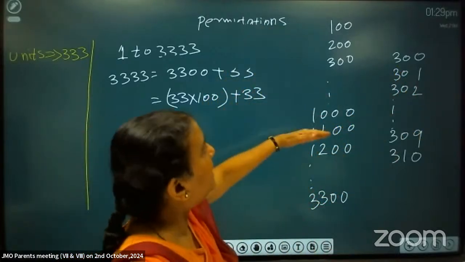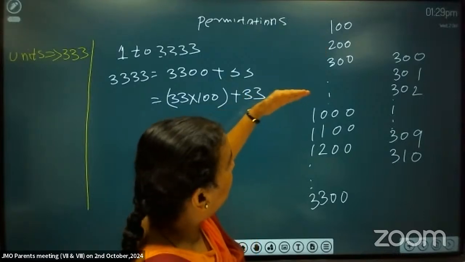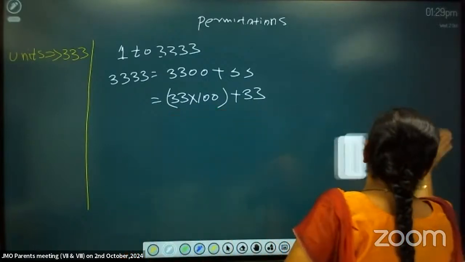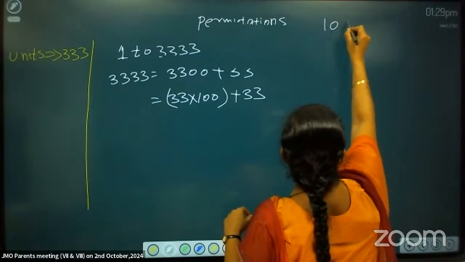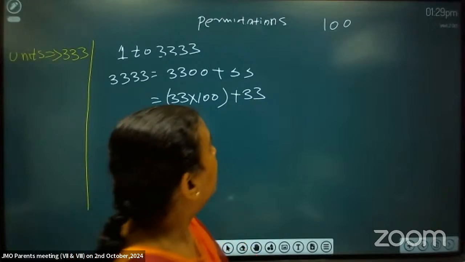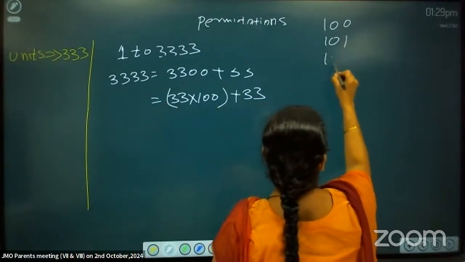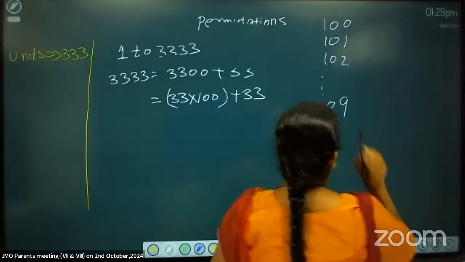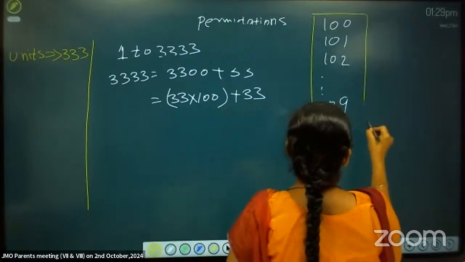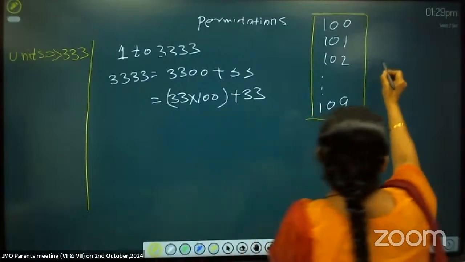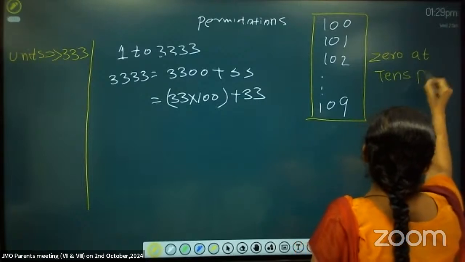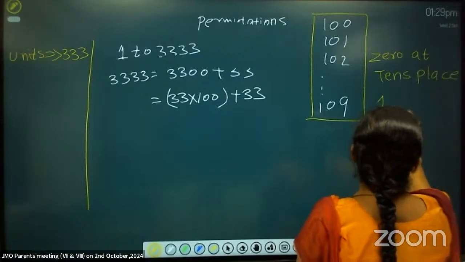So when I write the numbers 100, 200, 300, up to 3,300, what I am trying to convey is this. See here, the first number having 0 at tens place is 100. Then I write 101, 102, up to 109. Here from 100 to 109, there is 0 at tens place, happening 10 times.